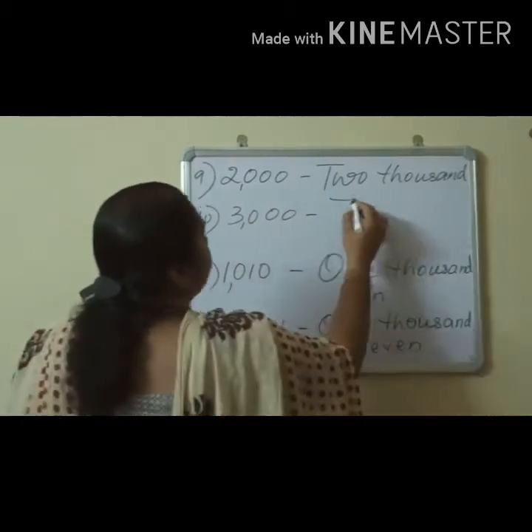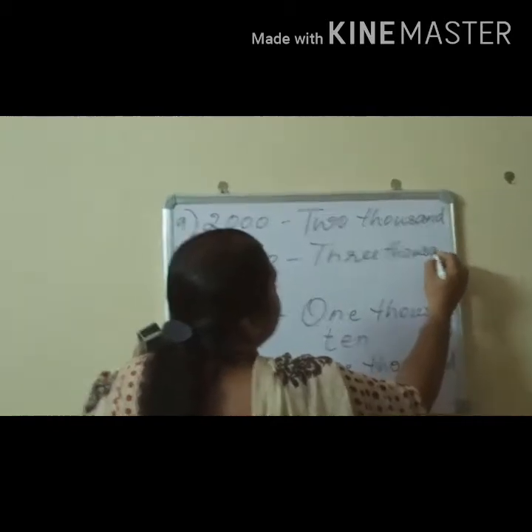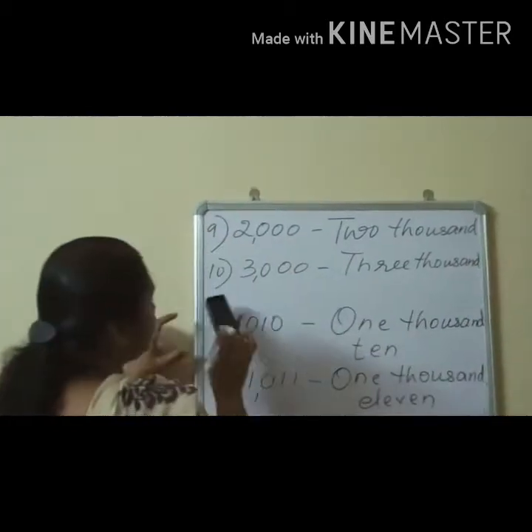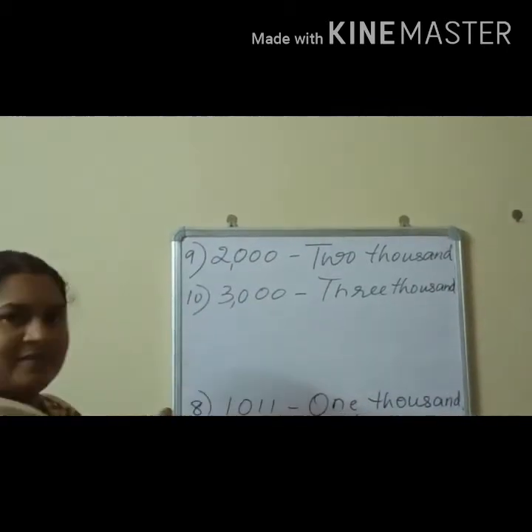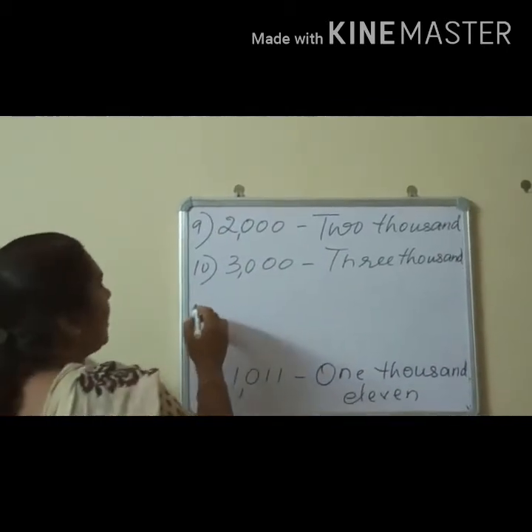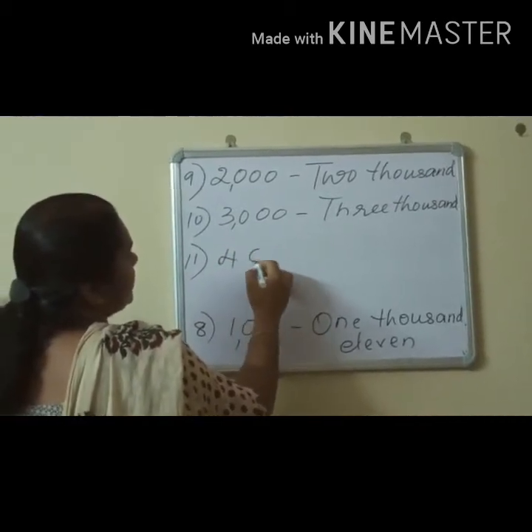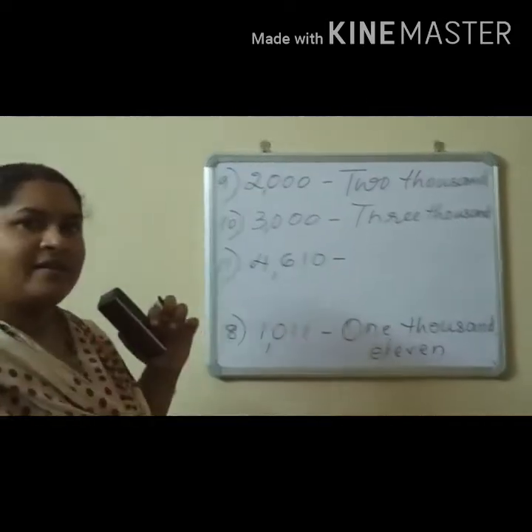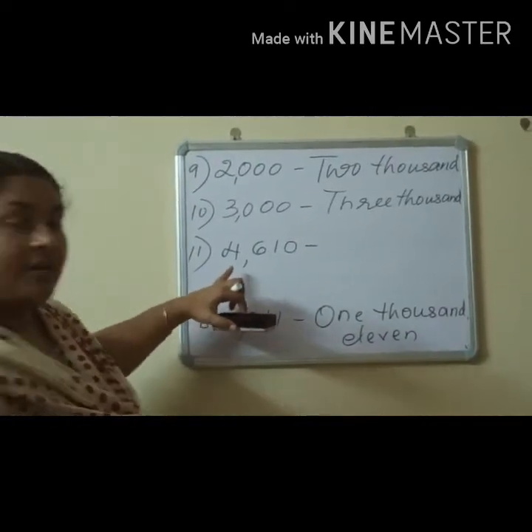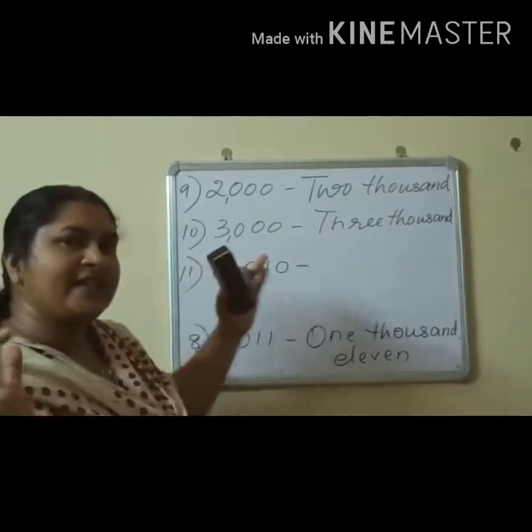Very good. Once we understand the concept, it is very easy to follow. Yes, very good. Now, number 11. 4,610. How will you read it? 4000. And here what we have, that together we will read.